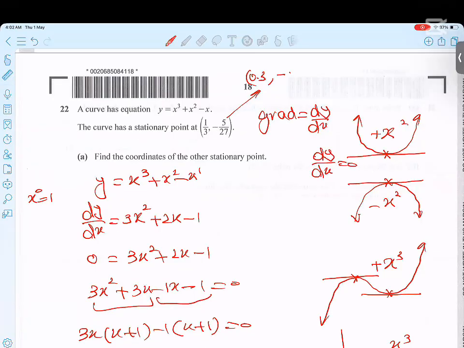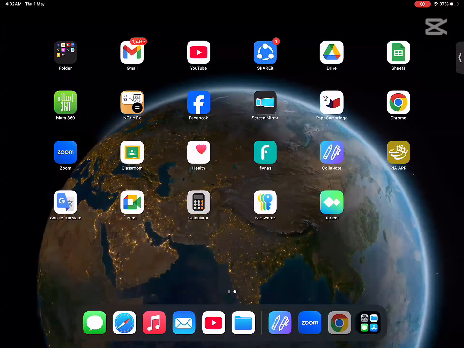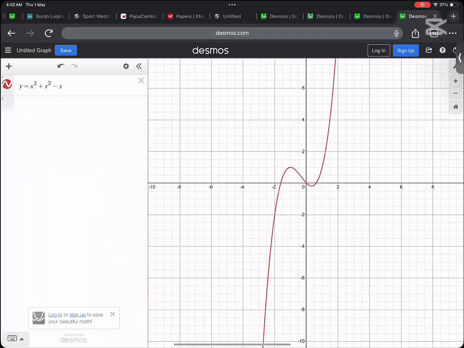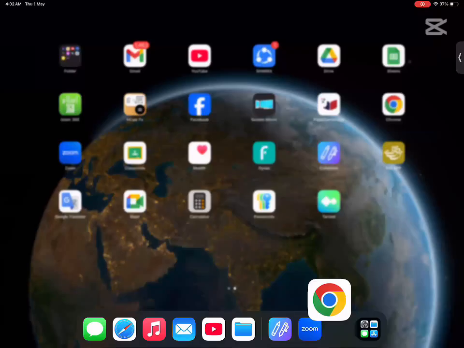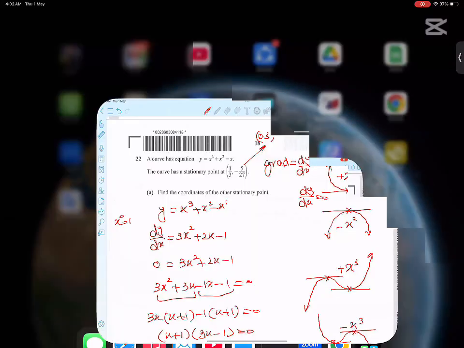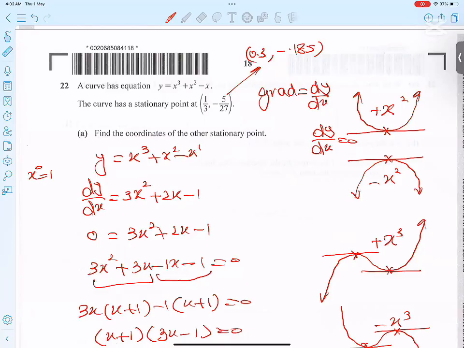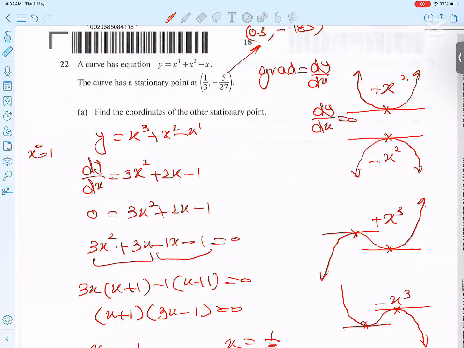Let me check once again in decimals. Though it's not important to show the examiner, I'm going to show you how we can do the next part.